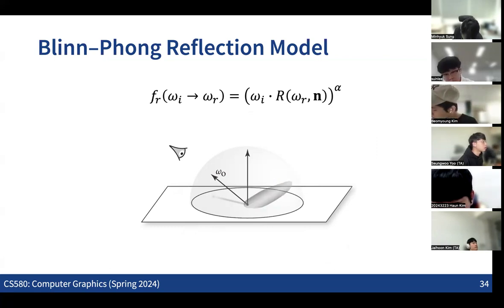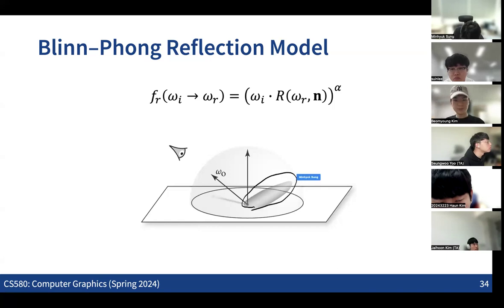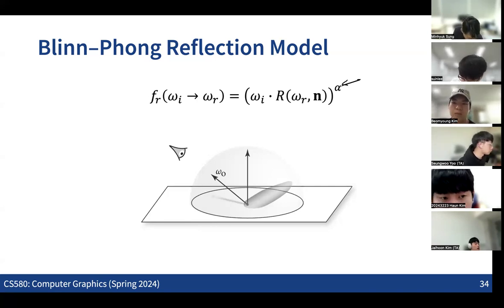For those cases, we can define the glossy reflection by taking the dot product between these two vectors, raised to a power, while controlling the distribution of the light with the power parameter here. This is a simple idea which was introduced in the 1970s by Blinn and Phong. So this is called the Blinn-Phong reflection model for glossy reflection.